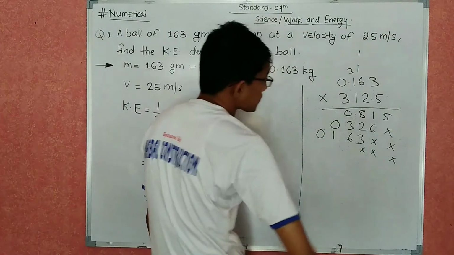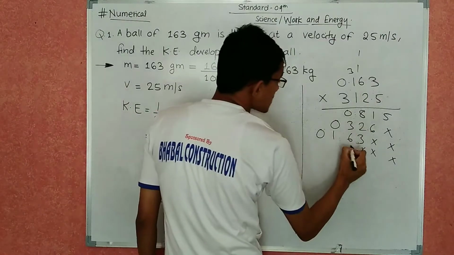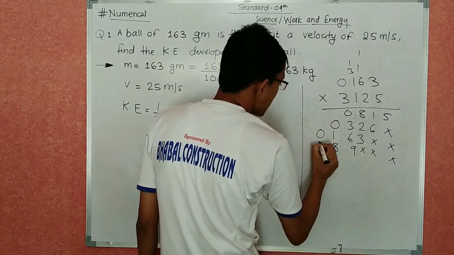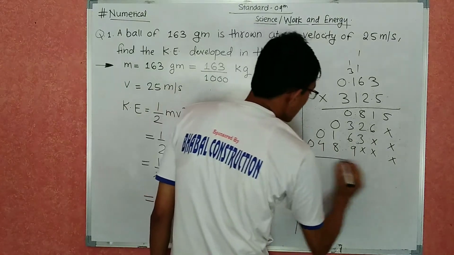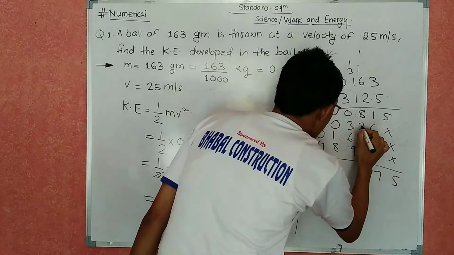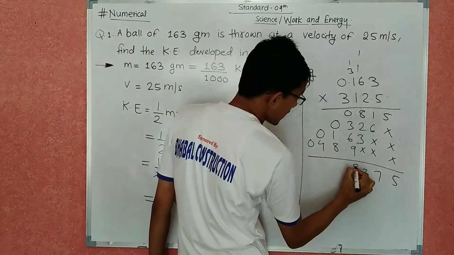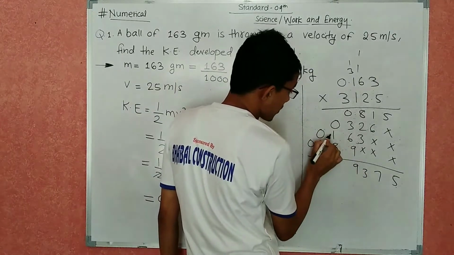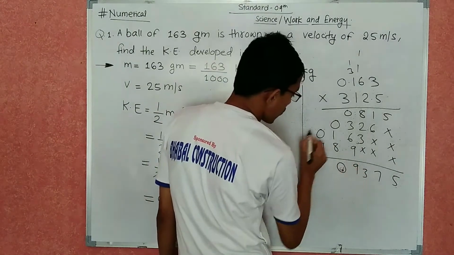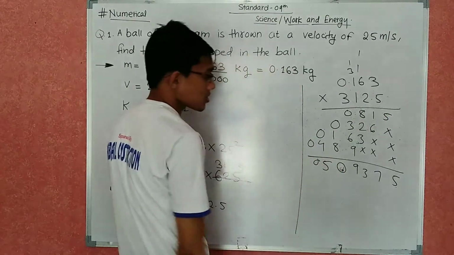Then 3 3s are 9, 3 6s are 18, 1 carry upside, 3 1s are 3 plus 1, 4, 3 zeros are 0. Then 5, 1 plus 6, 7, 8 plus 2, 10, 10 plus 3, 13, 1 carry upside, 3 plus 1, 4, 4 plus 6, 10, 10 plus 9, 19, plus 1 carry upside, 1 plus 1, 2, 2 plus 8, 10. 1 carry again, 1 plus 4 becomes 5, and 0 as it is.